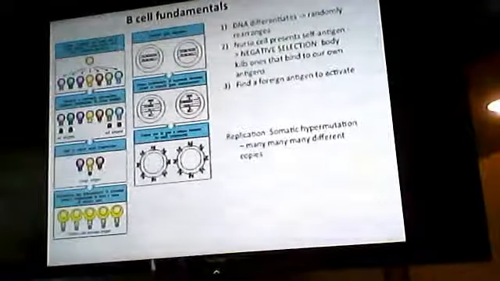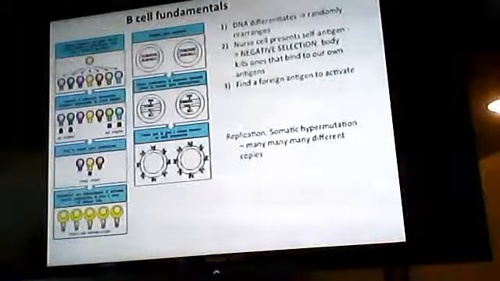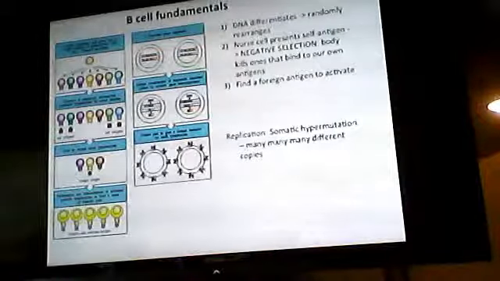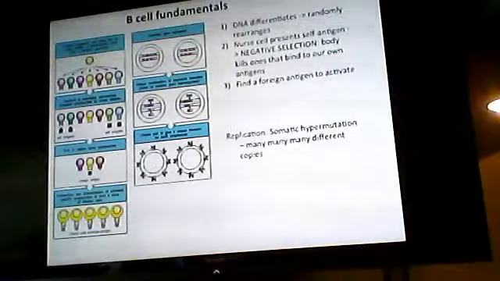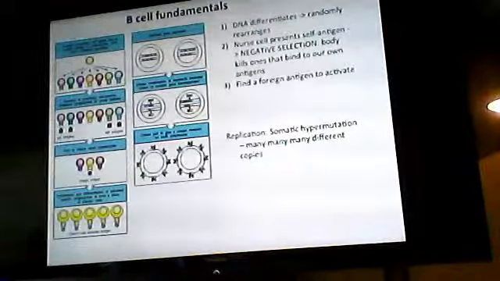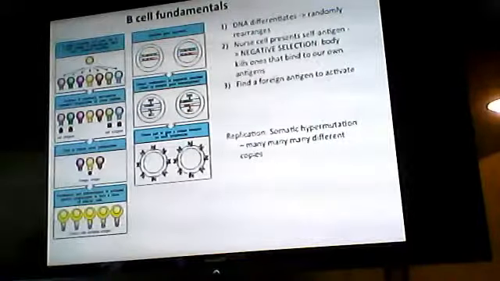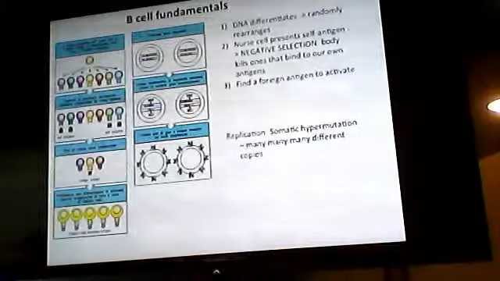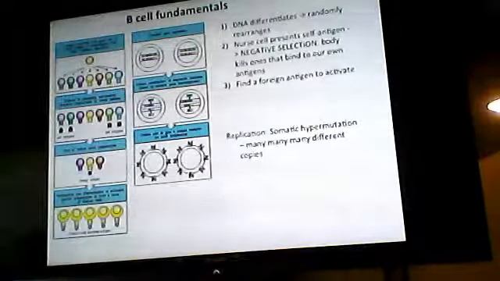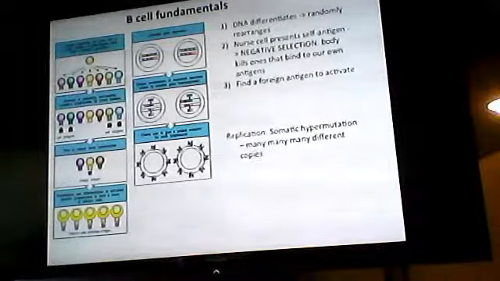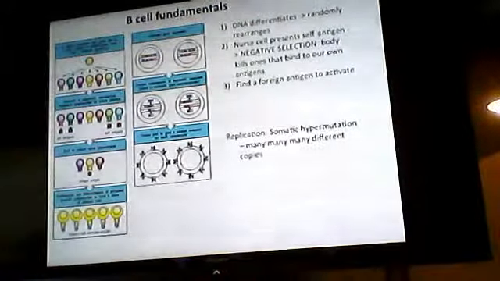If you're a human science major taking immunology later on, you'll learn about it. Basically, it's a series of random recombination of your genetic material so that you produce billions and billions of different combinations. You can have 10 to the 13th combinations plus more. And all of those are screened somehow.